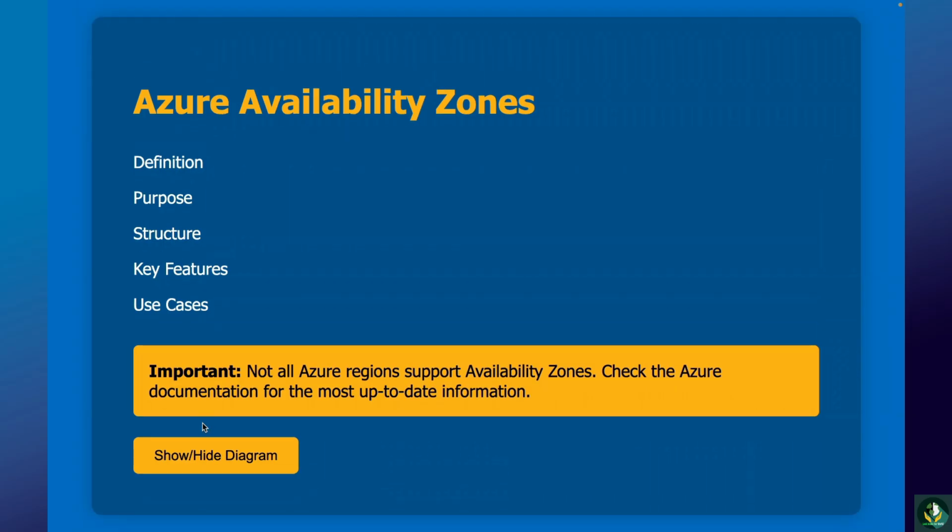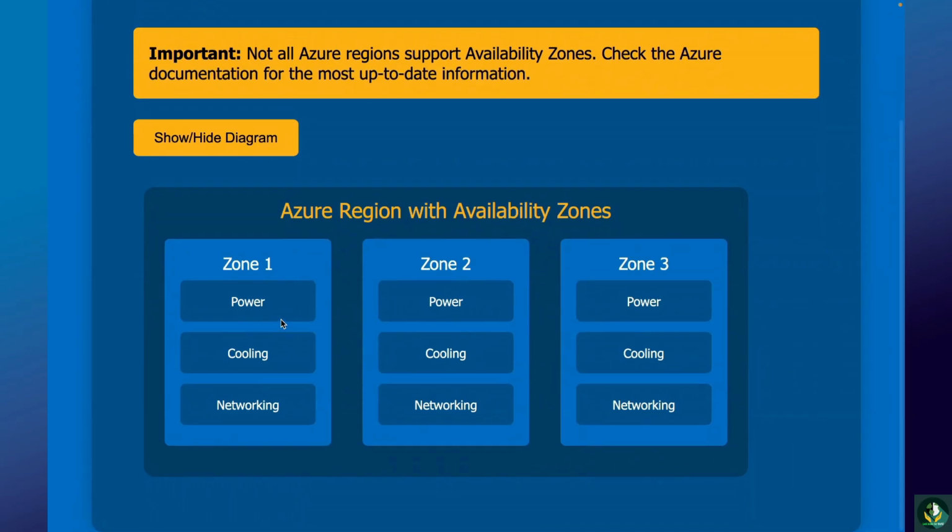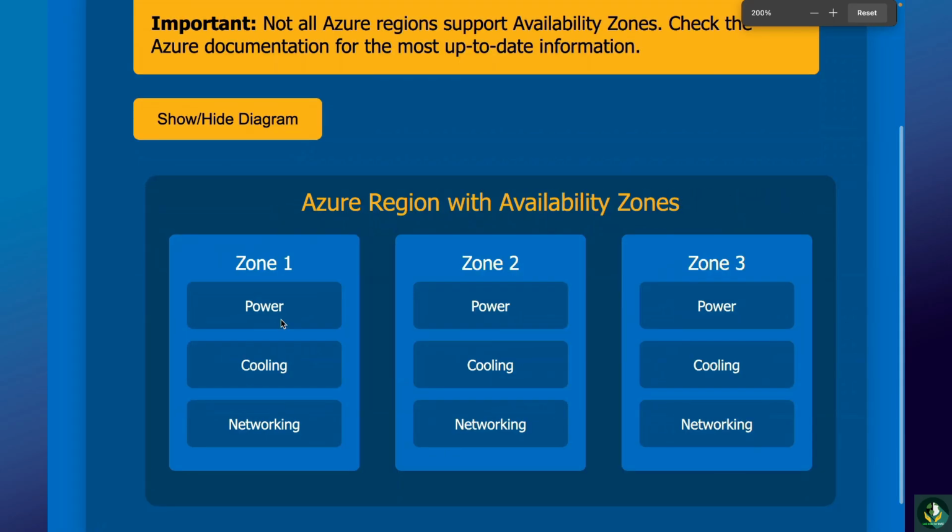Now, let me open this diagram I've created for you, make it a bit larger like this. And let's talk about best practices for availability zones. So number one, replicate your applications. Deploy multiple instances of your applications across different zones. You also should consider latency.